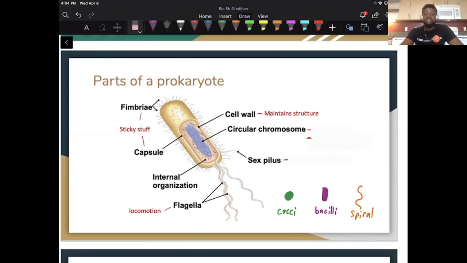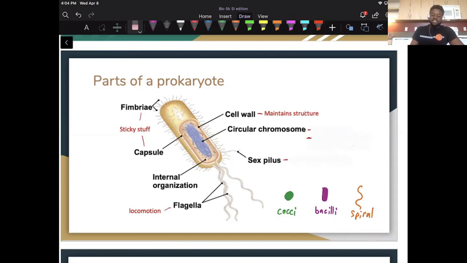Prokaryotes are really, really small unicellular organisms, and eukaryotes are pretty big. They also have different mechanisms of operation, but they look the same and are called the same thing, which is a little confusing, but just know they're not the same.